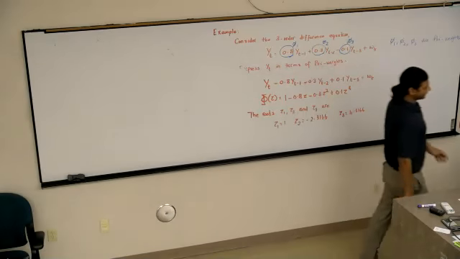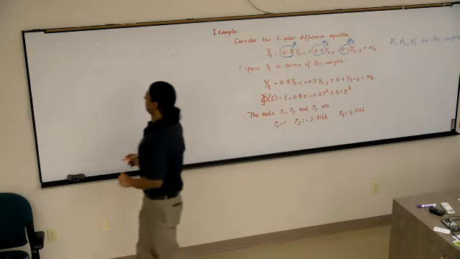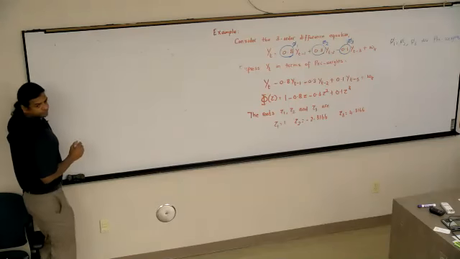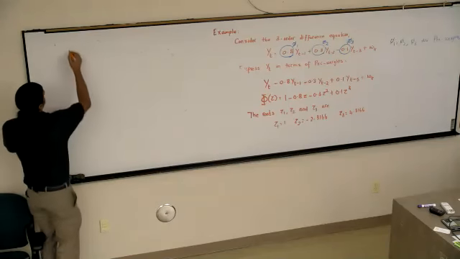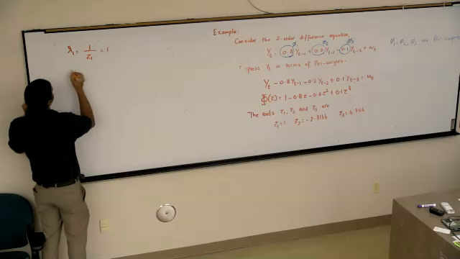How do we find the lambdas? Lambda 1 is simply 1 over Z1, which is 1.